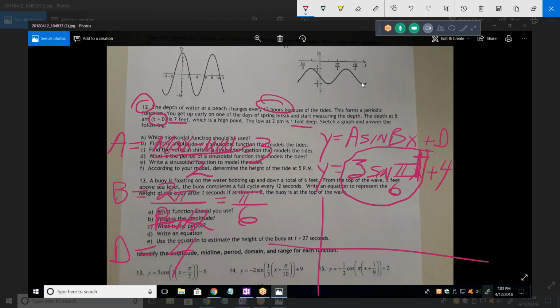Okay, this is the t-axis here. This is the height, the y-axis, the height of the water. And I know that when t is 0, the height has to be 7. So I got to start there. And I know that it goes from 7 to 1 over 6 hours.